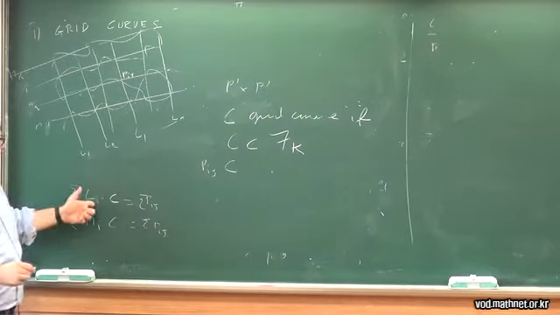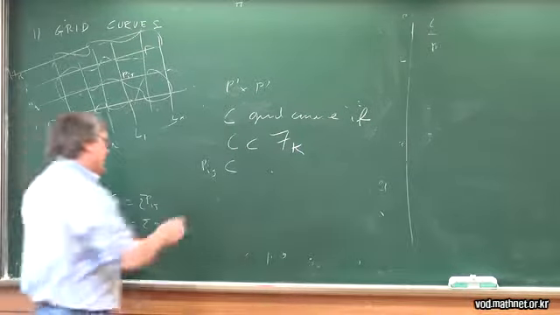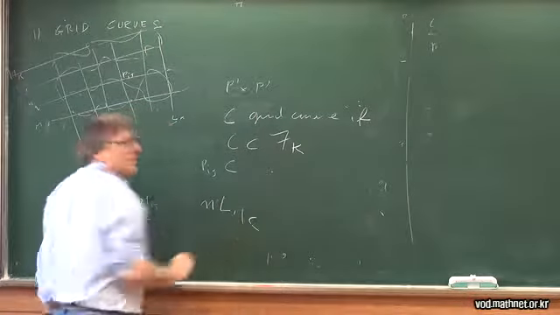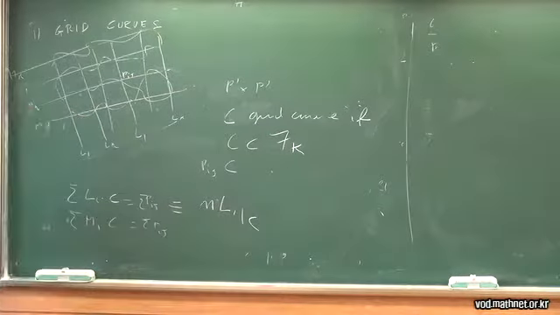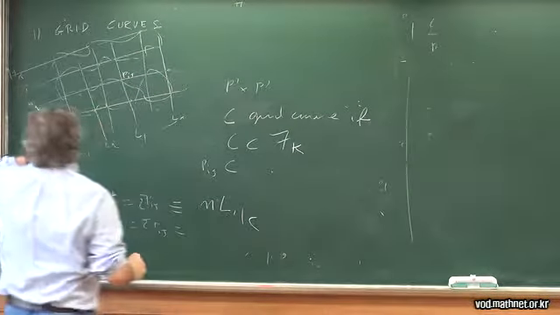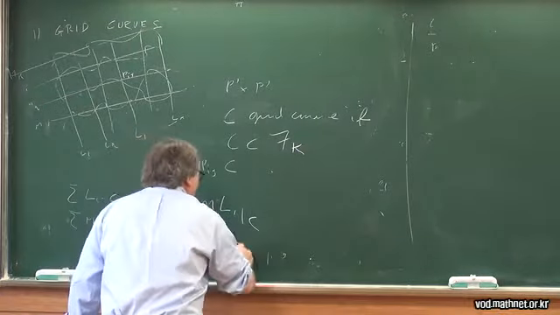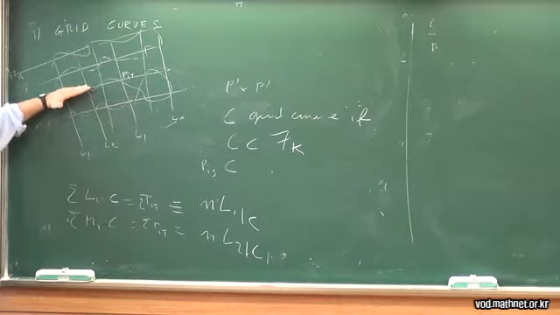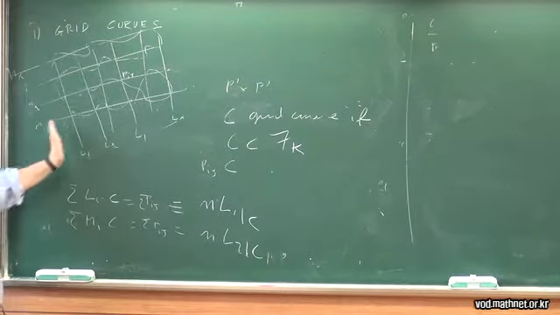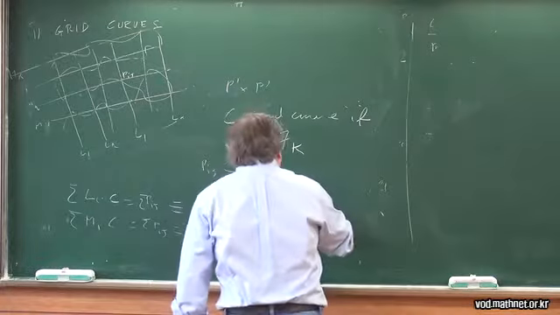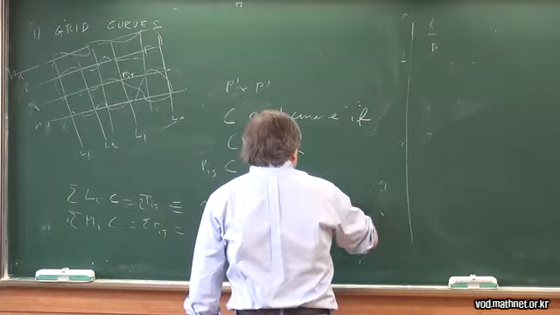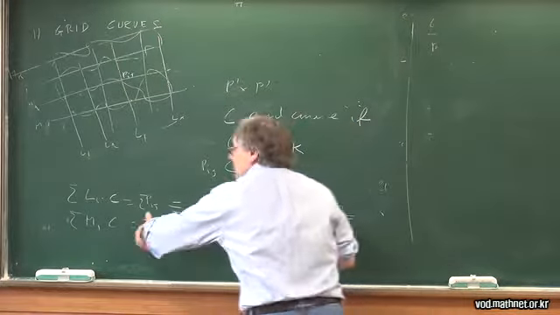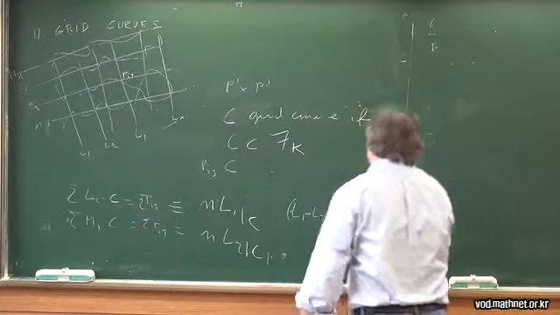But L intersecting C is just n times L1 restricted to C, and this one, I call M, is n times L2 restricted to C. So this is O1 restricted to C, in that way. So it means that n L1 minus n L2 is trivial on C, because they cancel exactly. This is O_C.